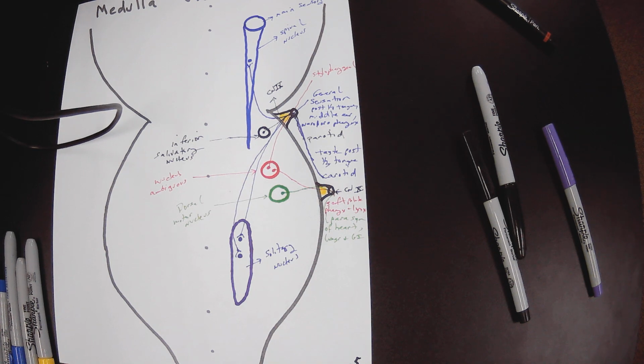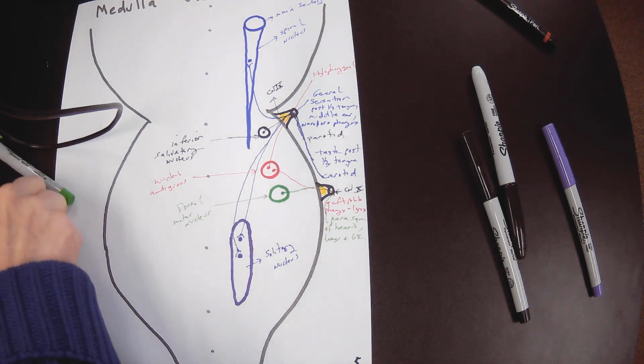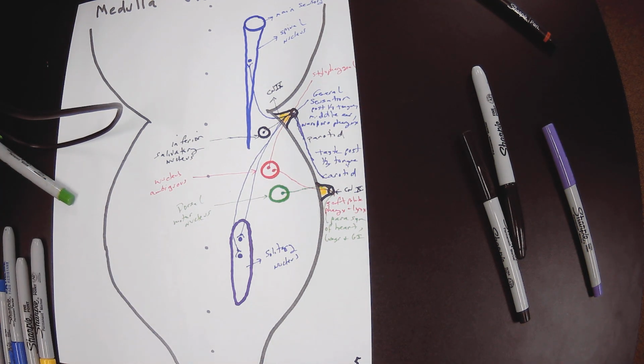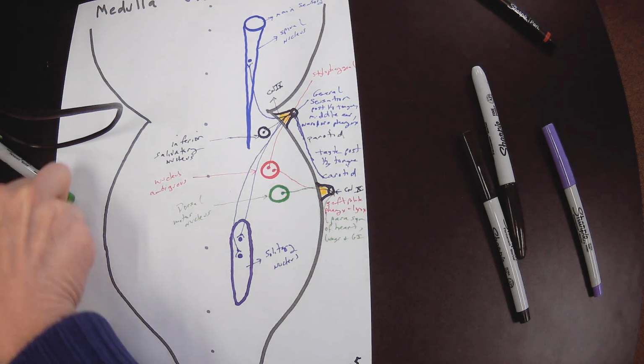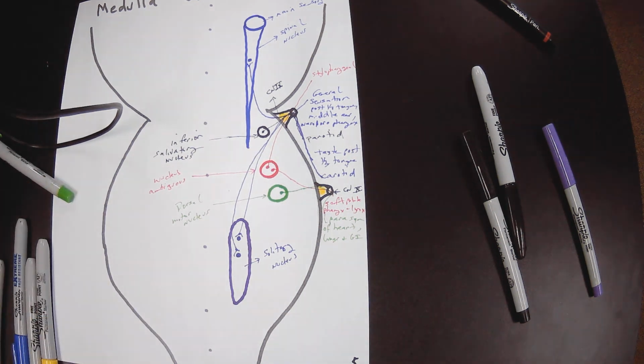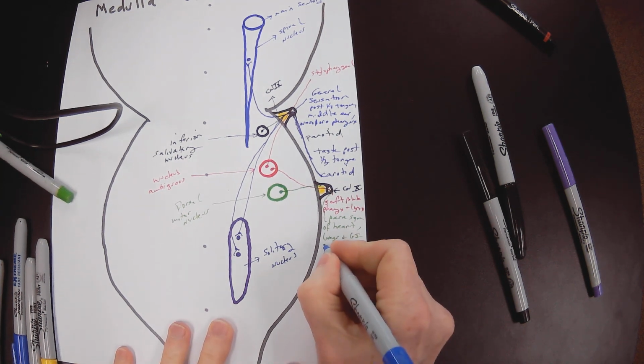Cranial nerve number 10, the vagus nerve, also has some general sensory function. Anybody remember what the general sensory is? Yeah. So the larynx and the epiglottis. That's sensory, so I'm going to put that in blue. So this is general sensation.